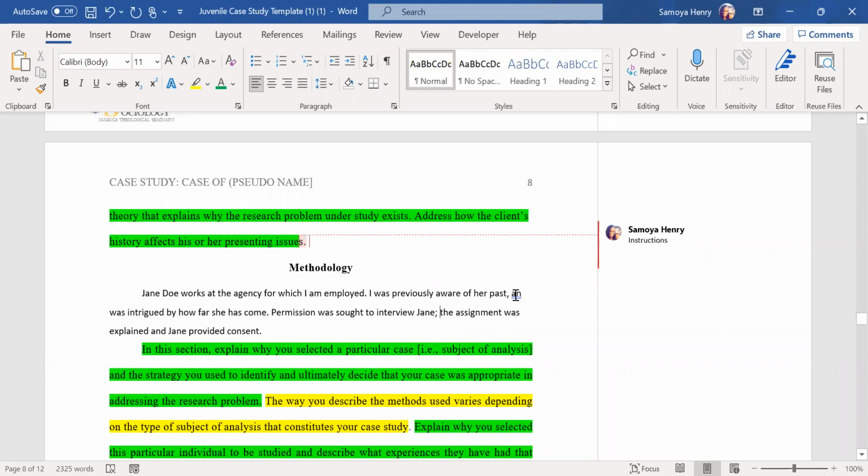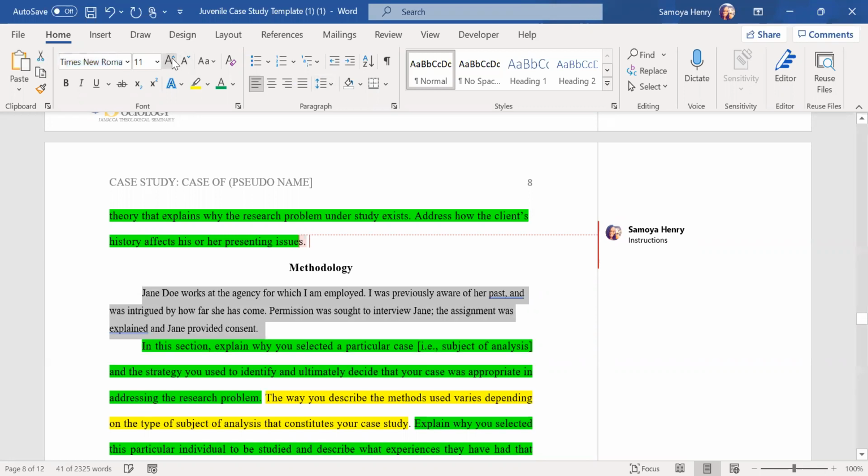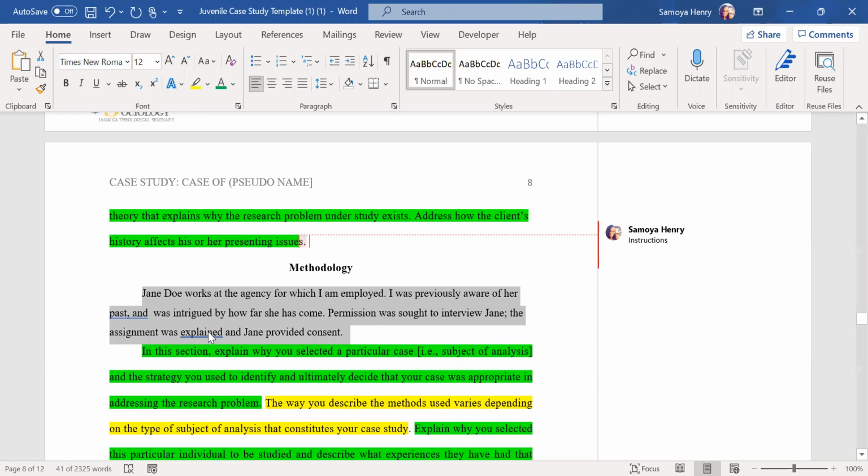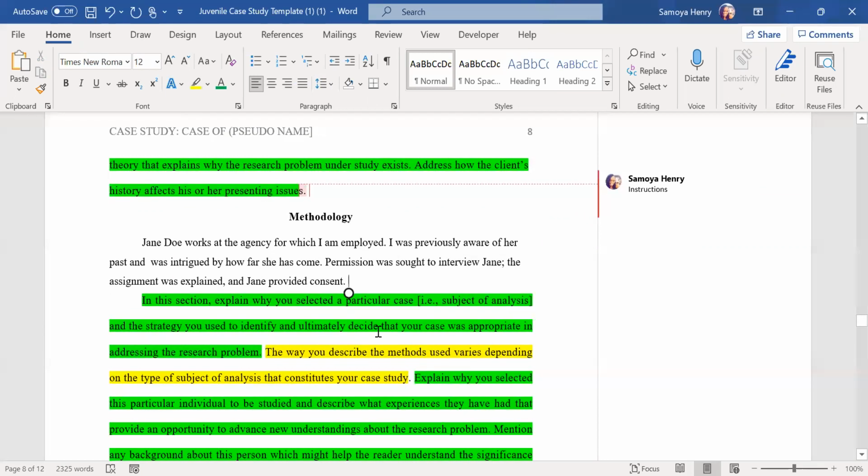And there are certain cases where you can write in first person, especially in a case study for sure, where you, the researcher, are fully engaged in the research, doing the interview and stuff like that. It is also okay for you to write in first person. All right.